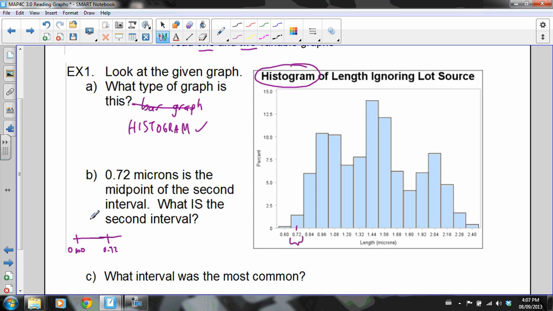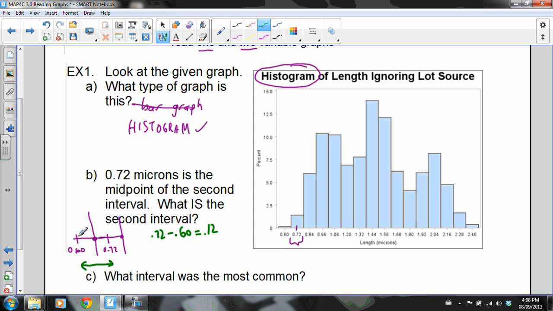And what we want to find is what these numbers are right here and right here. Well, how do we do that? I'm going to get a different color. I see this amount, which is the width of an interval from midpoint to midpoint, is 0.12, right? So from here to here is 0.12.